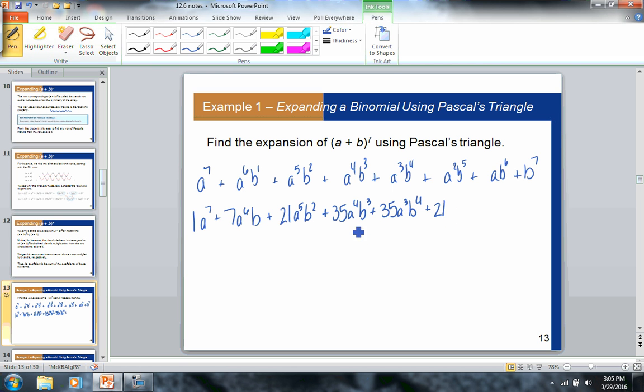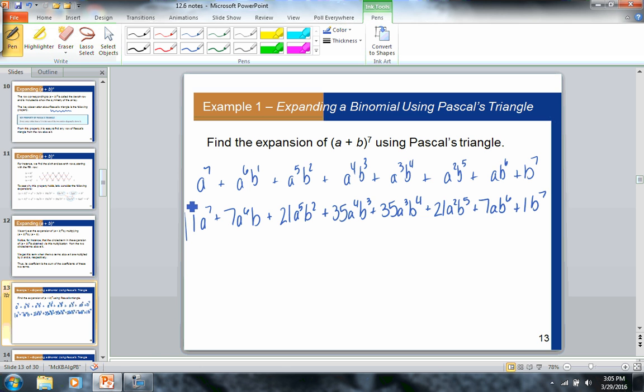And notice here, since I don't really have any middle term, I'm repeating this 35 twice, and now I'm going to go back to all these other numbers. So I'll have a 21 a squared b to the 5th, and then I'll have a 7 a b to the 6th, and then I have my 1 again, b to the 7th.